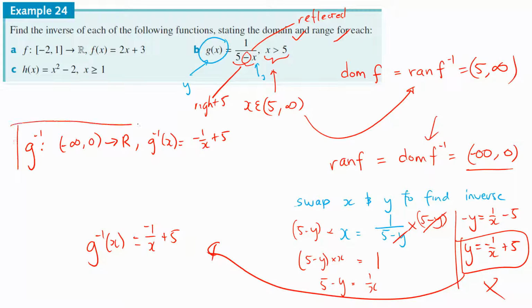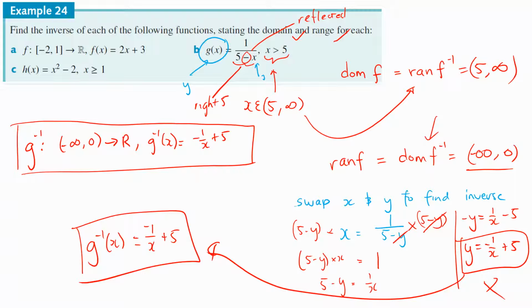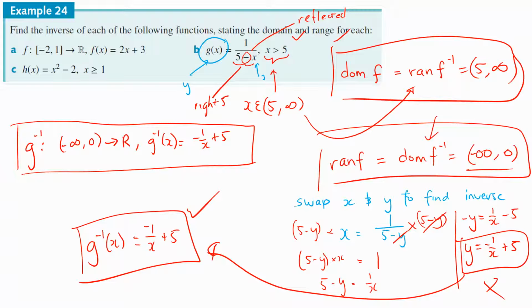If you can get into the practice now, I would actually like you to do it that way. Otherwise, it's fine to answer with the inverse function, and then state the domain of the inverse and the range. That's perfectly fine. Cool? All right, let's do another one.